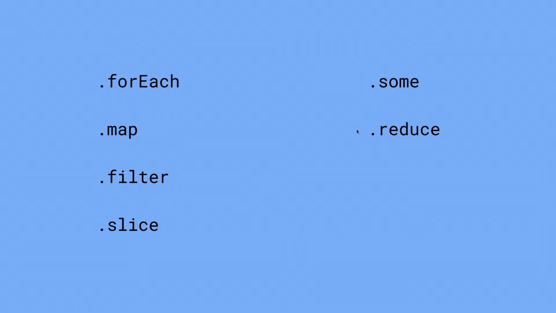And these are two methods that I think are very underrated. .some is very similar to .forEach, and we're going to look at that later on, because we can break out of the loop, so we can say, stop looping for the rest of this array from now on. And .reduce, which is what we use if we want to get one value from the array. We're going to look at these methods just now.